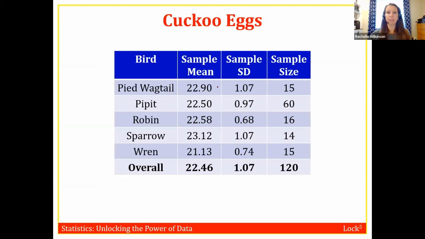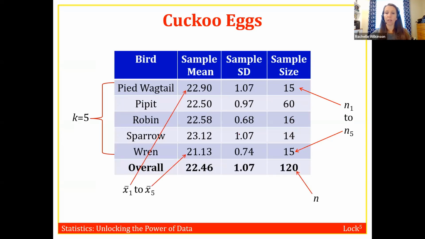So here's a table that lists off the mean, standard deviation, sample sizes for all of our different groups. So there's 5 groups like we talked about. Okay, 15 is N1, N2 is 60, N3 is 16, N4 is 14. The overall number of observations, N, is 120. We got that by adding all these numbers together.